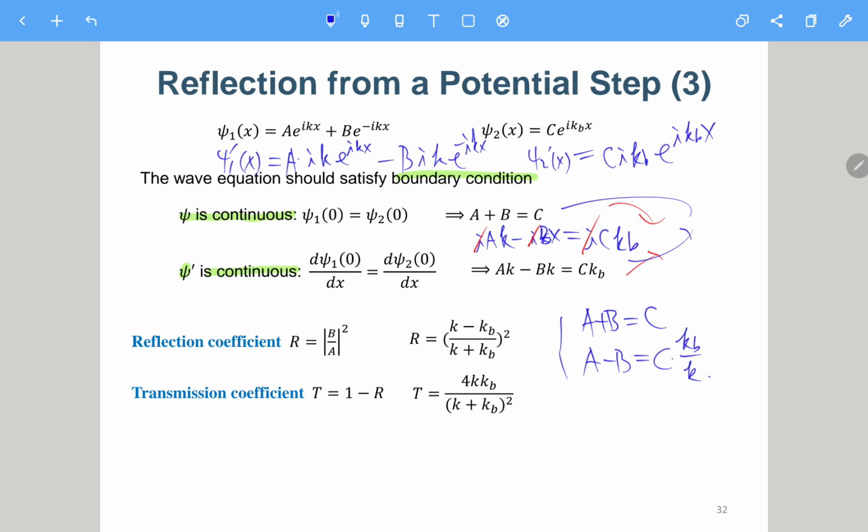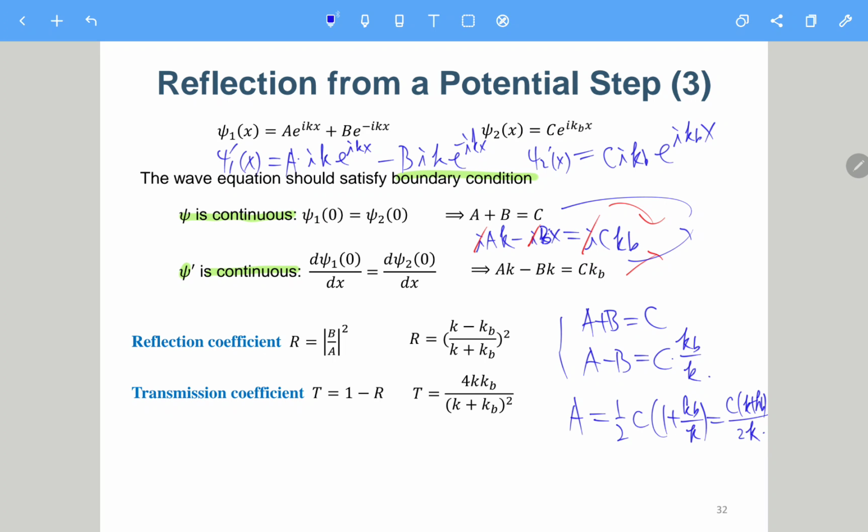like this. And then if you just add them together and divide by 2, b and negative b will be cancelled, and on the left side we'll have a, and then 1/2 of c times 1 plus kb over k, or you can write it as c times k plus kb over 2k.